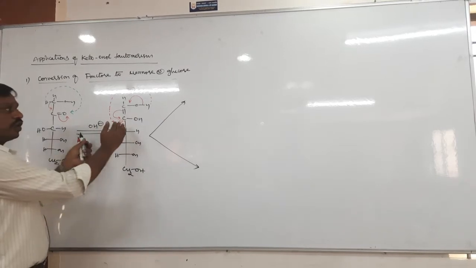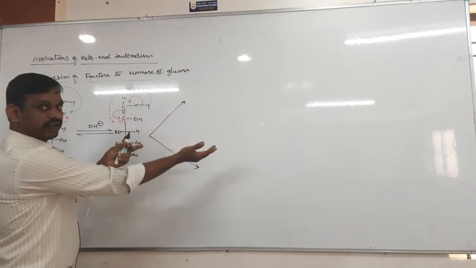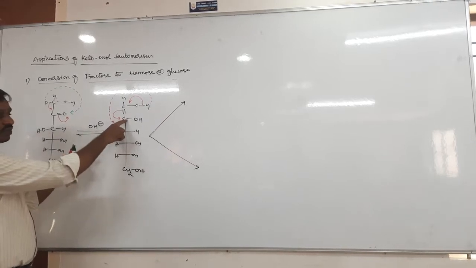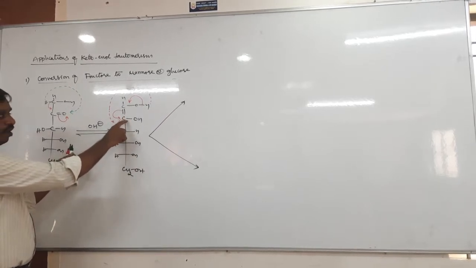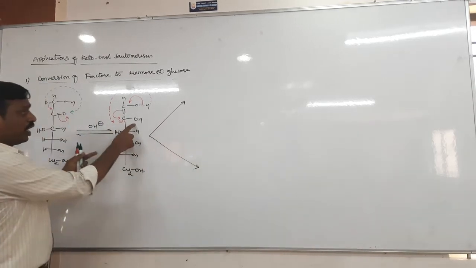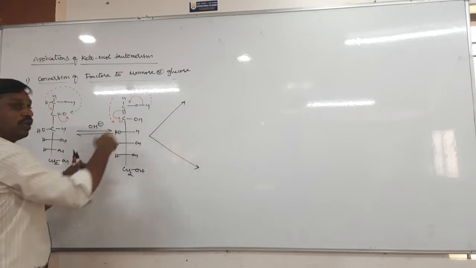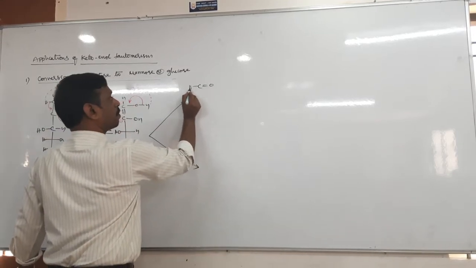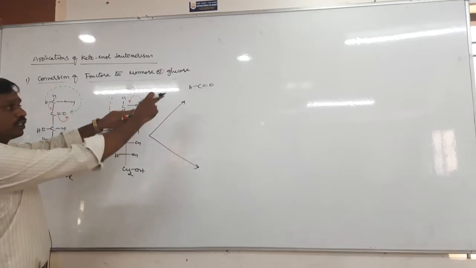The second carbon OH may come on the right side or on the left side, because it was an sp2 carbon. When an sp2 carbon converts into an sp3 carbon, this OH may go right side or left side. Suppose the first carbon is an aldehyde group, and this alcohol group converts into aldehyde.